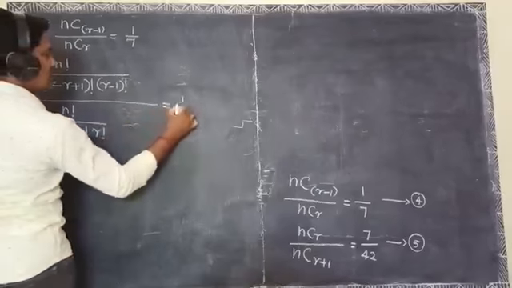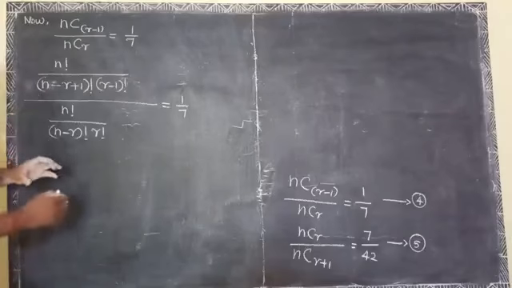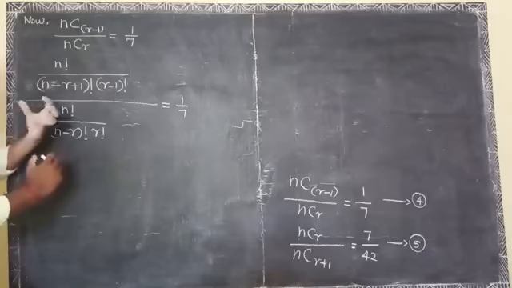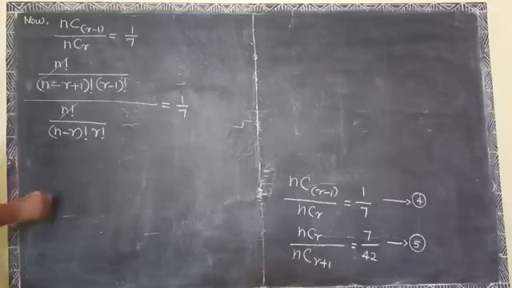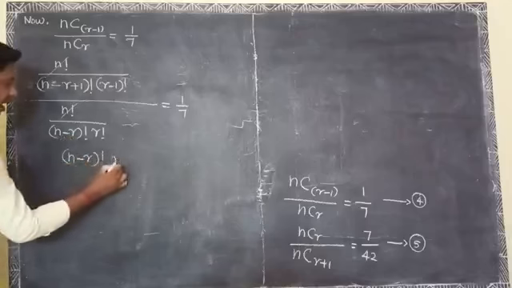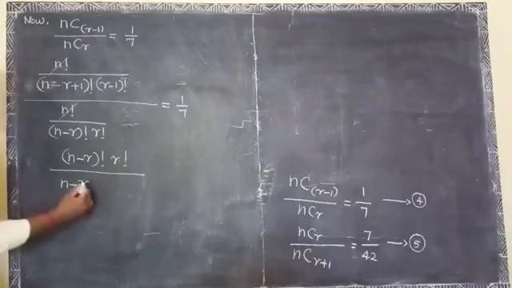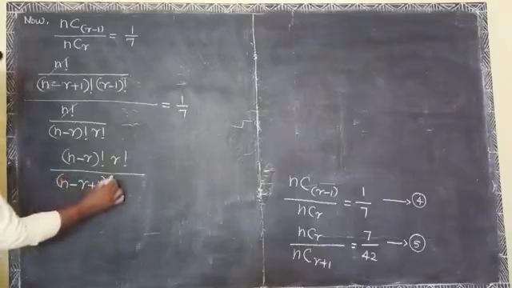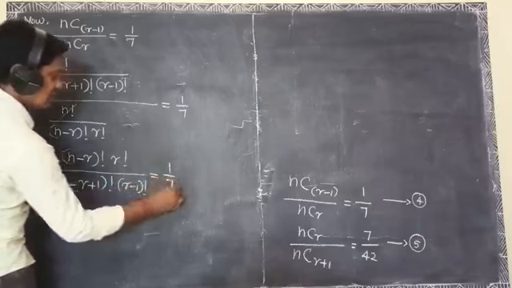Numerator has a fraction, denominator has a fraction, so multiplying by the reciprocal, n factorial cancels. The remaining is (n minus r) factorial into r factorial divided by (n minus r plus 1) factorial into (r minus 1) factorial, which is equal to 1 divided by 7.